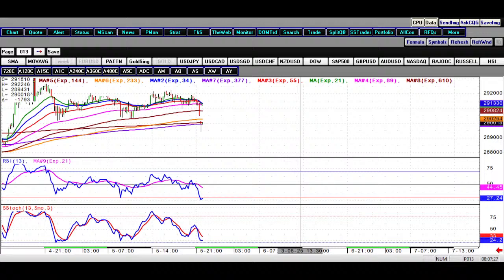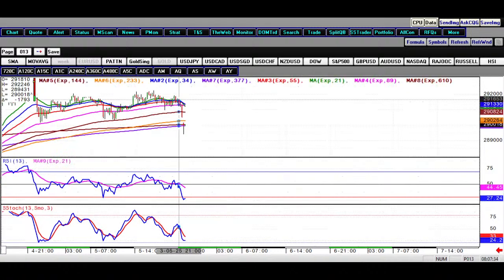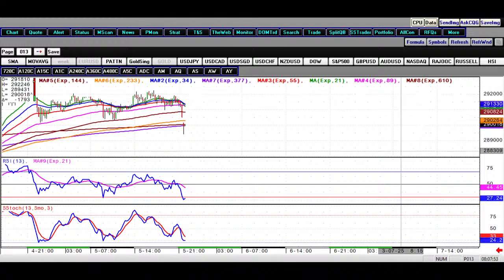I don't know whether we have TradingView.